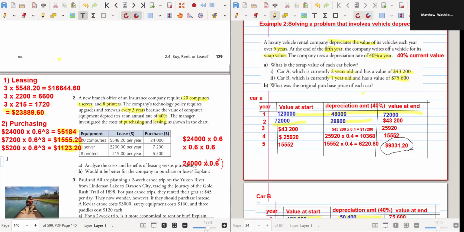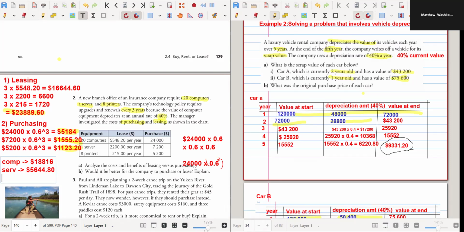So for the computers, I take 24,000 minus 5,184, and the actual cost of those is $18,816. For the server, same thing: 7,200 minus this 1,555 gives me $5,644.80.